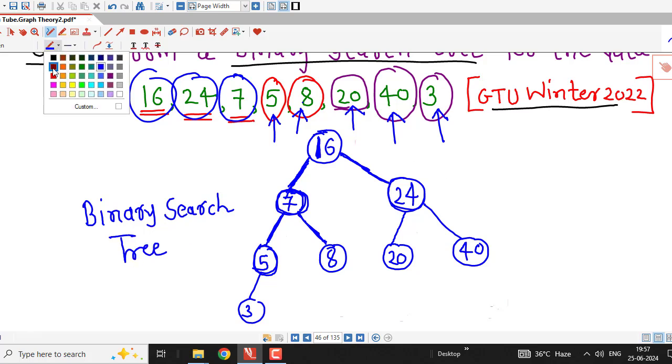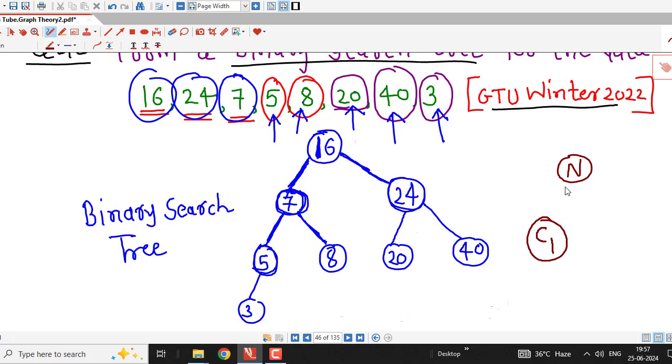What you have to take care is that suppose I have any node denoted by capital N, then if the value of its child is less than N, we will put it to the left side of N, and if the value of the child is greater than N, then it goes to the right side of that particular node N. Here we see that towards the left side of 16 all the values are less than 16, and towards the right side of 16 all the values are greater than 16.